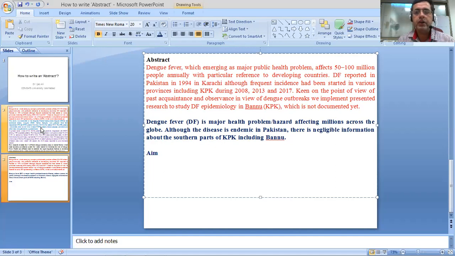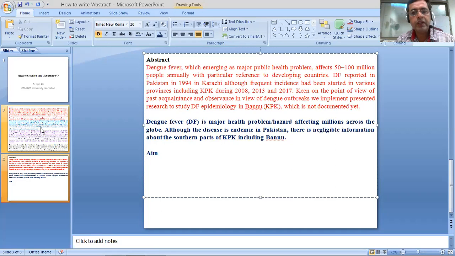You can use different words when you are writing the aim of a particular study. So you can also write that this study was designed to investigate, designed to find out, designed to analyze this particular aspect that you have identified.